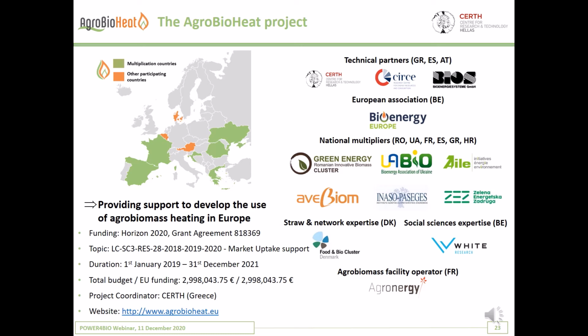White Research contributes social science expertise. And finally, a somewhat different partner, Bioenergy, which is a biomass heating facility operator in France, which already uses agrobiomass in a couple of its facilities, and would very much like to continue doing so in the rest of its heating plant fleet.